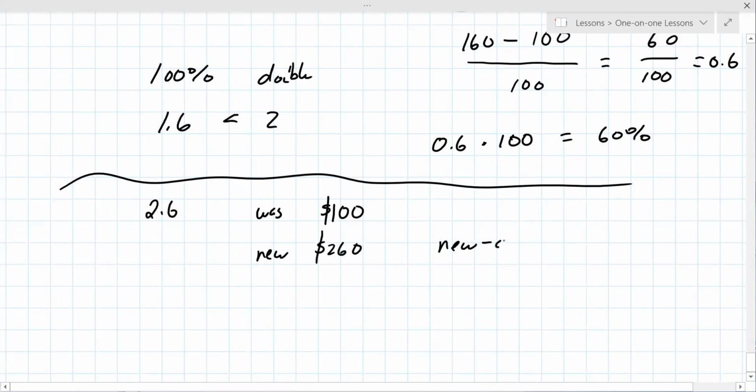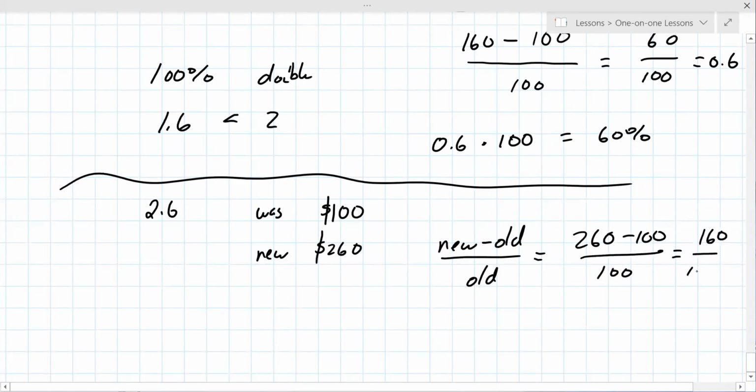The new minus the old over the old is 260 minus 100 over 100. That's 160 over 100. That's how you get the 1.6 factor. Times 100, that becomes 160%. But it's not a 1.6 factor. It's a 2.6 factor times the original.